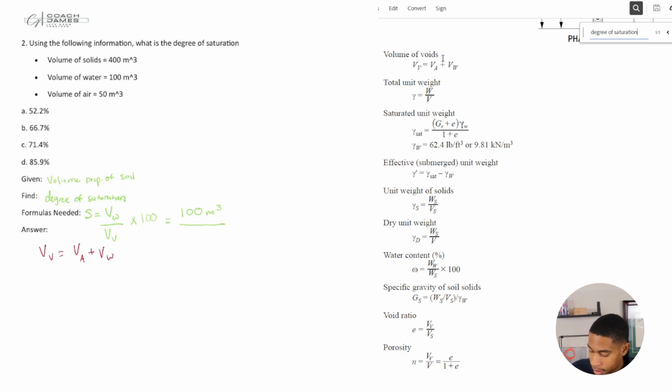Do I have volume of air and volume of water? Yes. So volume of voids is equal to 50 plus 100, which equals 150 meters cubed. Right. This is all cubed.